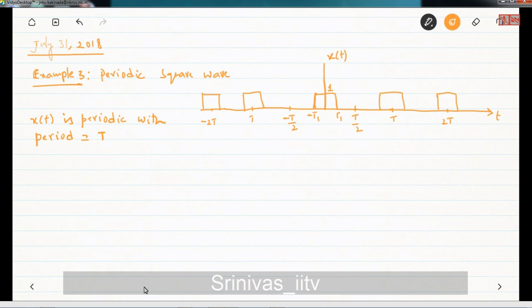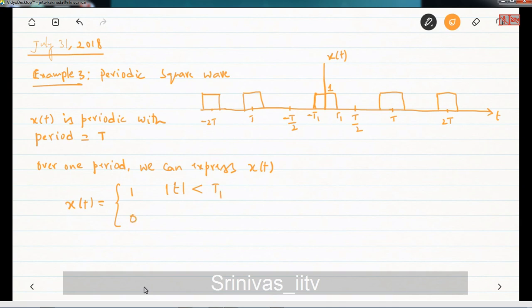And then we have to express this periodic wave mathematically. How do we express this over one period? We can express x of t as 1 for modulus of t less than T1.